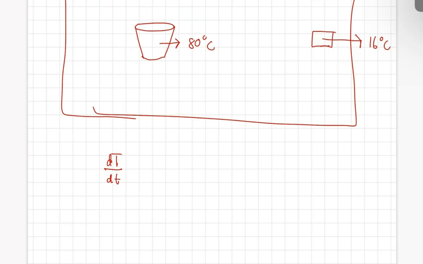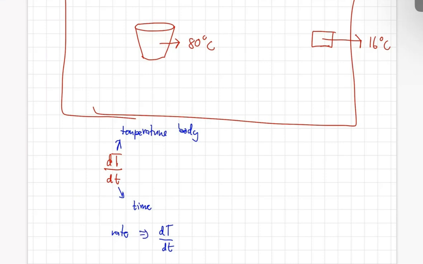Body means this coffee. And the small letter t is time. When we are discussing rate, it means a derivative of something with respect to time.